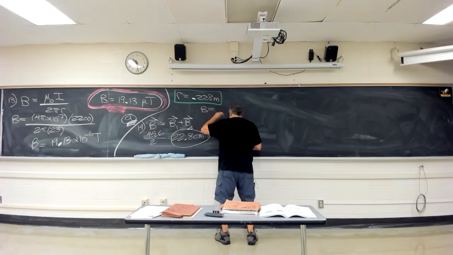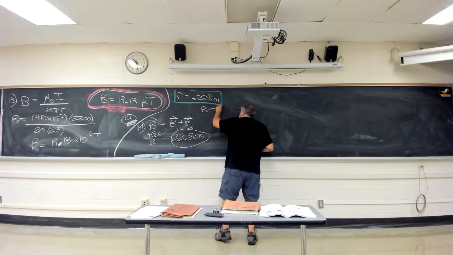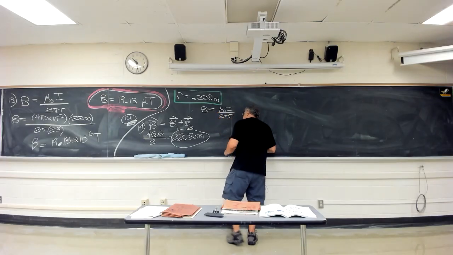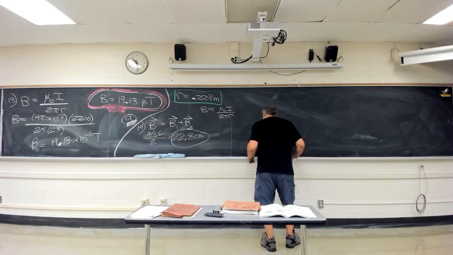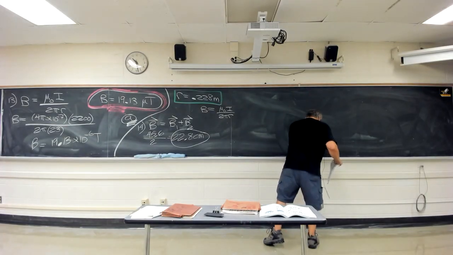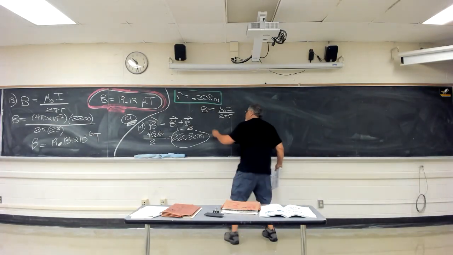Generally speaking, for either one of the wires, this mathematical reality holds. So what? Well, you're going to use it for each wire separately and do a vector sum.